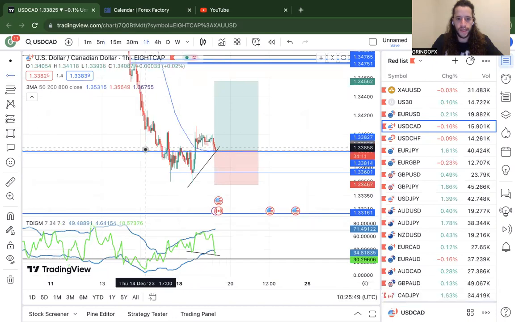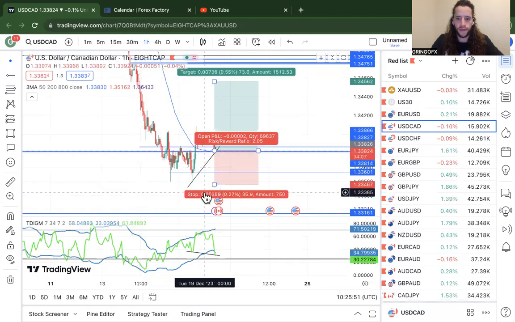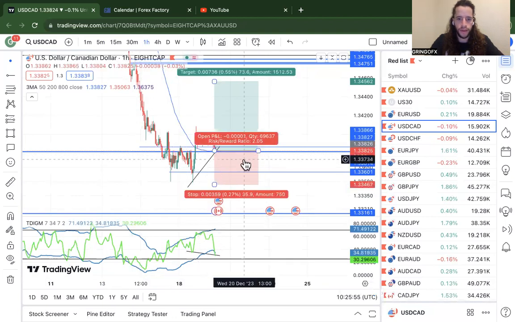If I was going to take this, I'd take it now or around this area, around 1.33800.